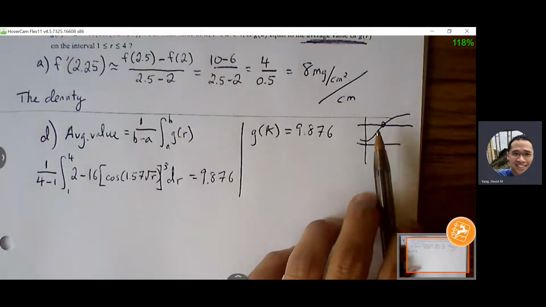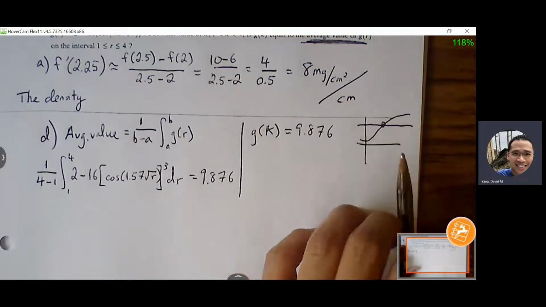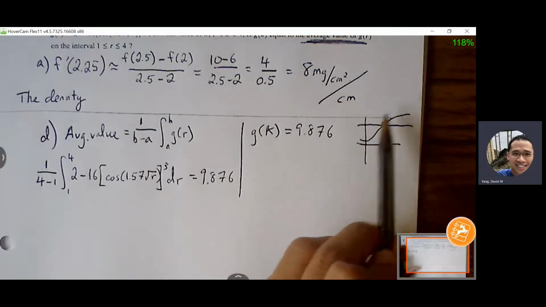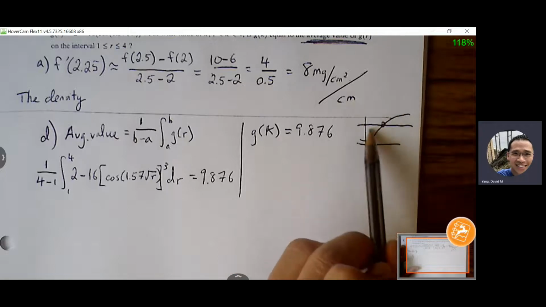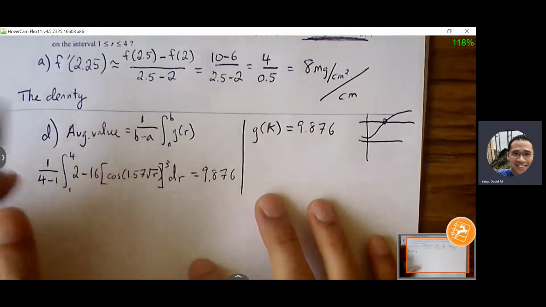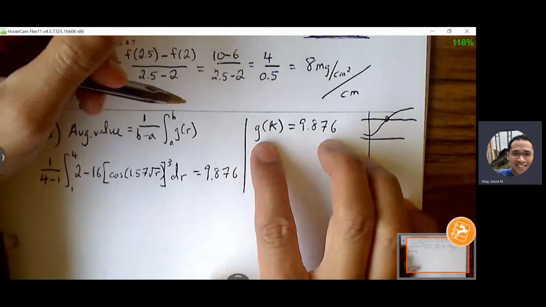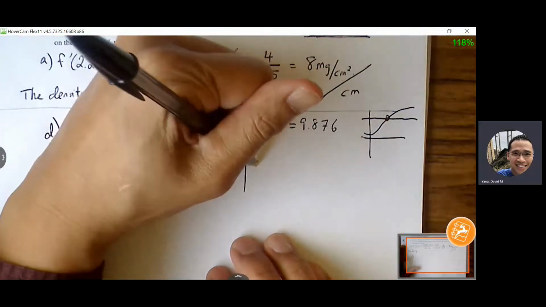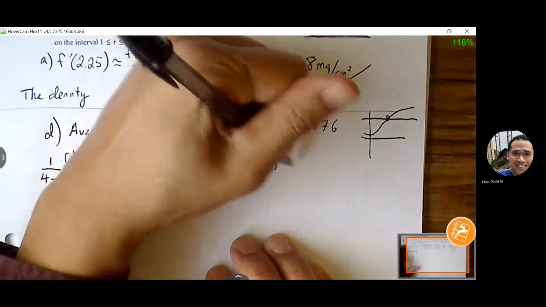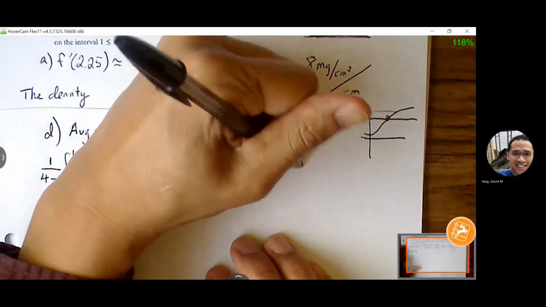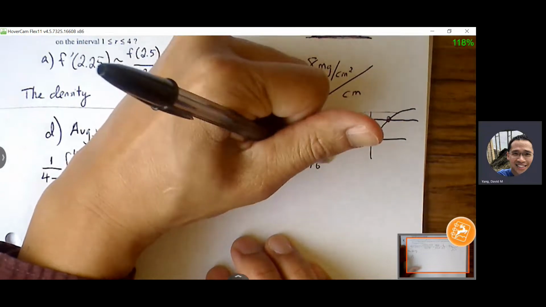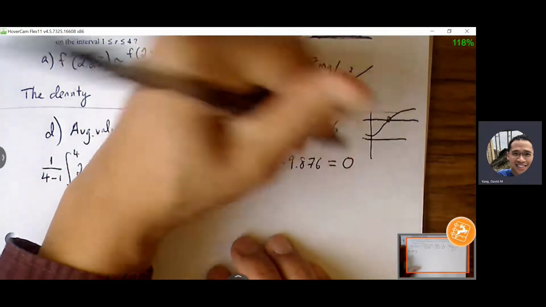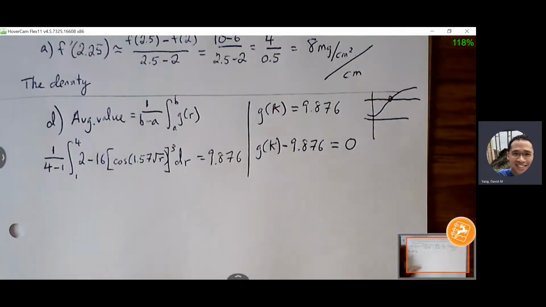Definitely do that, but then you have to play around with the window to get it to fit so you can see everything. Another option is to set everything equal to 0, and that way you can just look for the x-intercept rather than searching all over for the intersection.